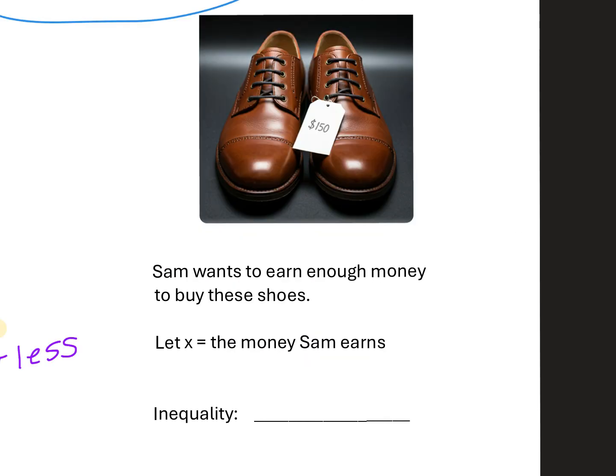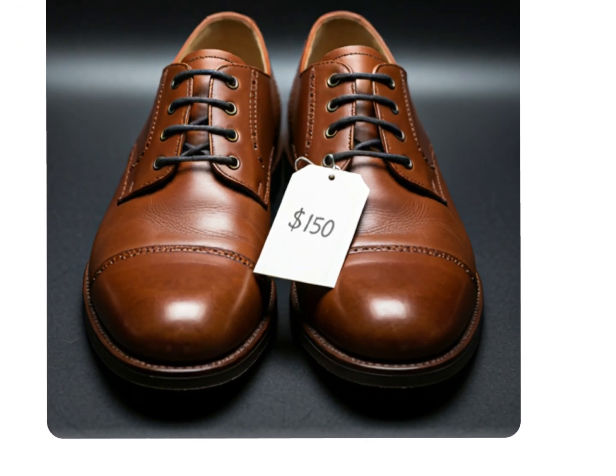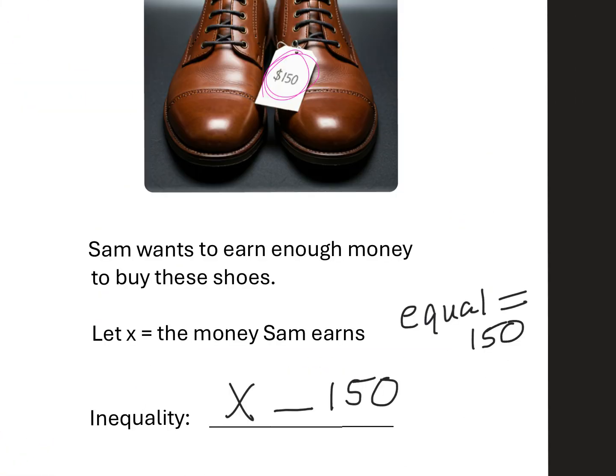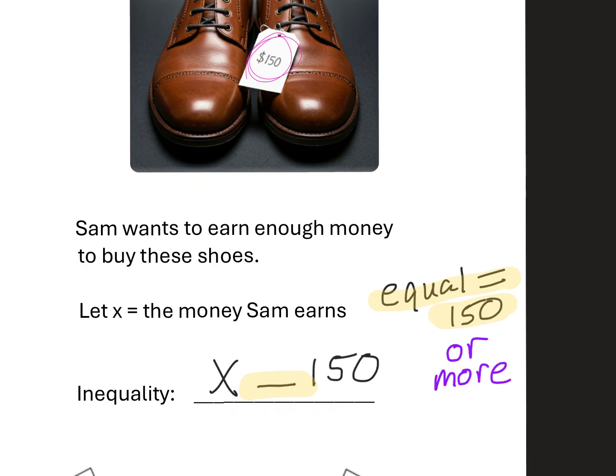In this example, Sam wants to make enough money to buy these shoes, and these shoes cost $150. So we would start the inequality by saying that Sam wants to earn $150. He'll meet his goal if he makes exactly $150 to earn the money for the shoes.